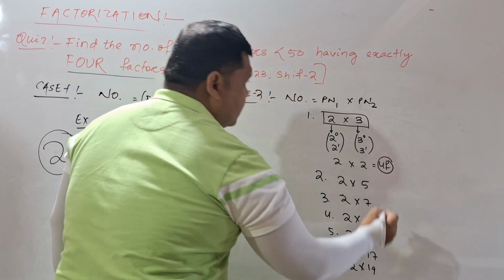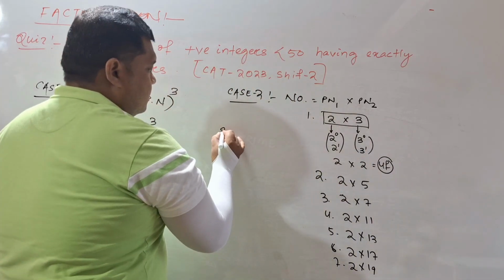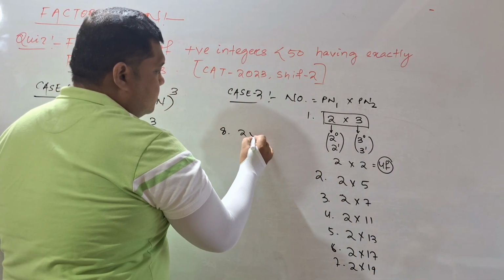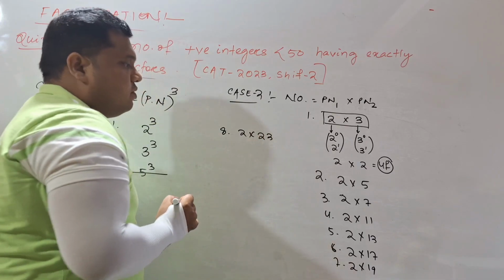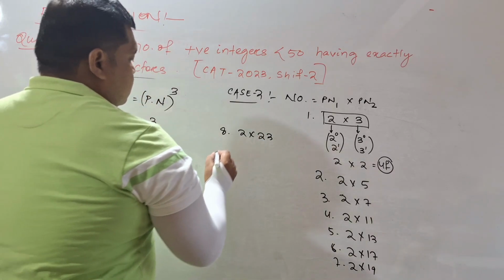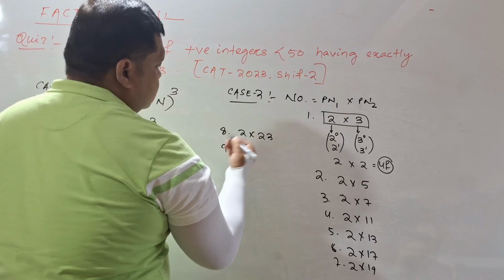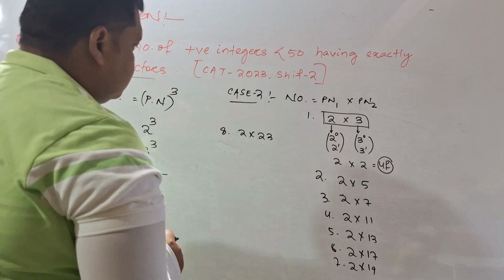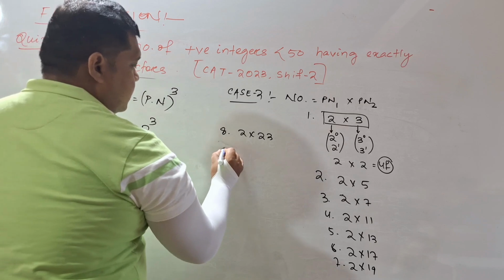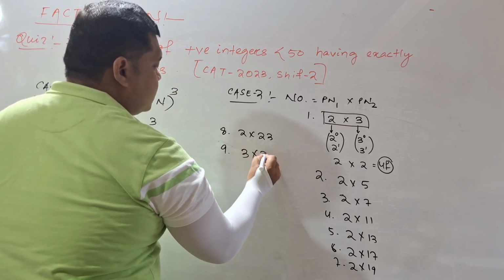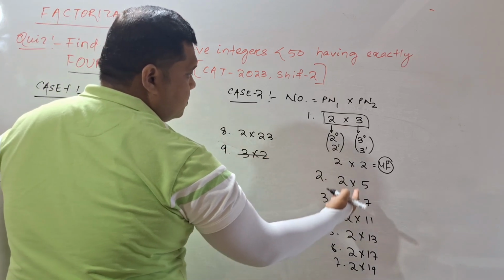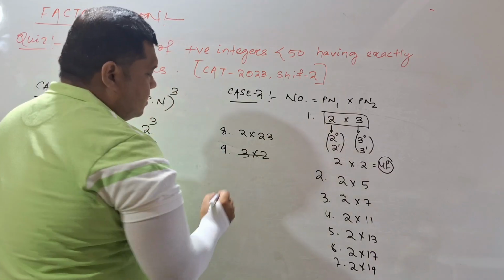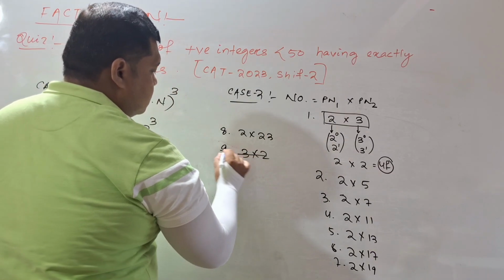The 8th one is 2 into 23, which is equal to 46. For the 9th one, the value is greater than 50. Next I can write 3 into 2, but it is already used, so this is not possible.